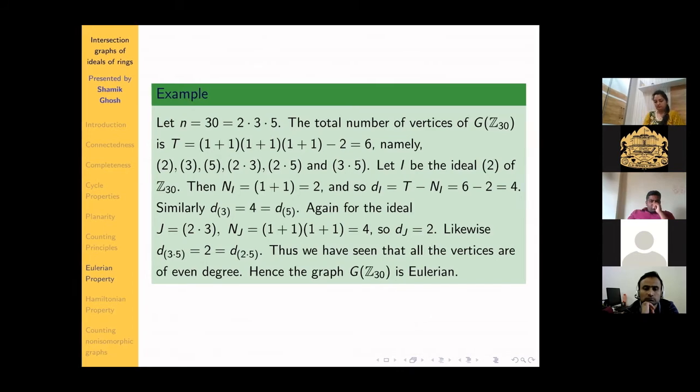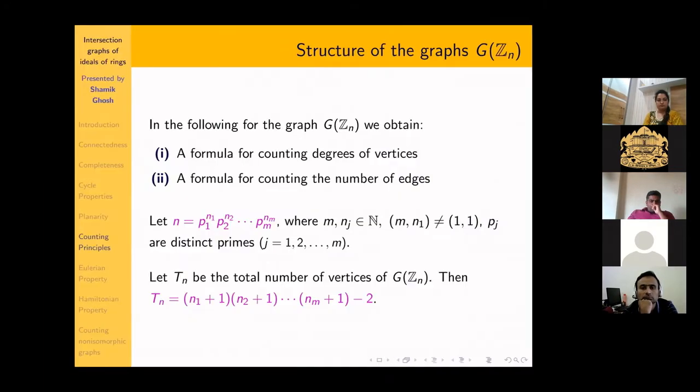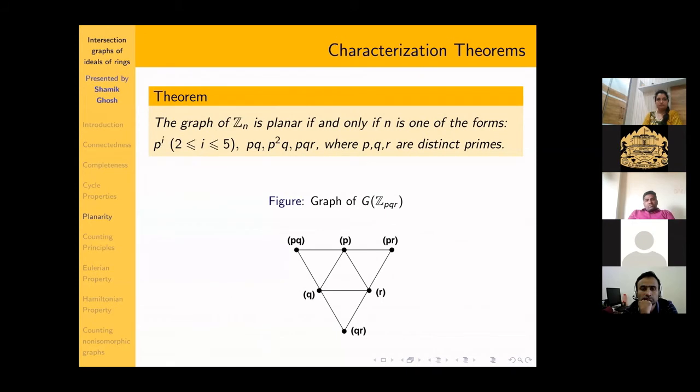Let me show you the picture. It was in the first slide. This is basically the graph of PQR, and you can easily make an Eulerian tour. Suppose you start from PQ, you go up to P, then PR, then R, then visit P again, then Q, then R, then QR, Q, and again PQ.